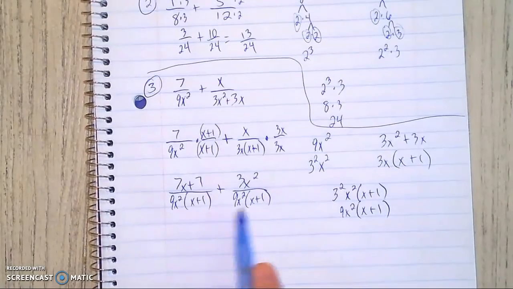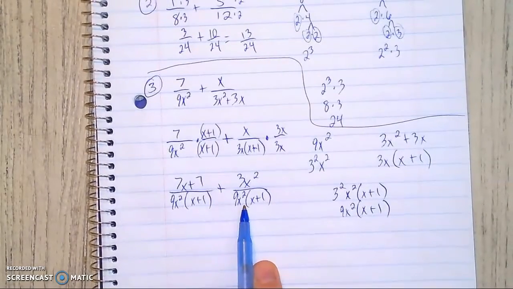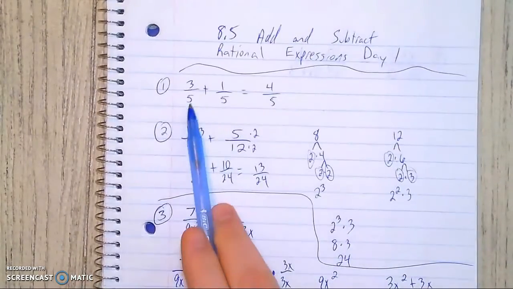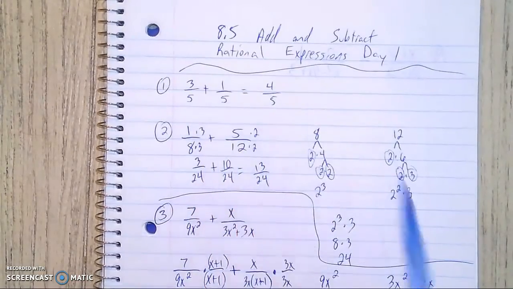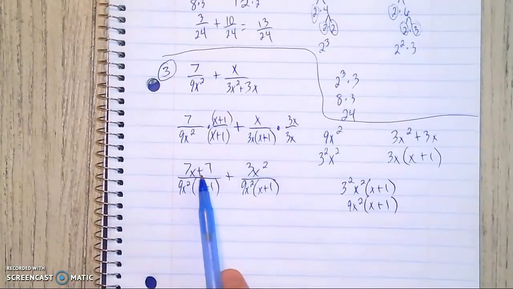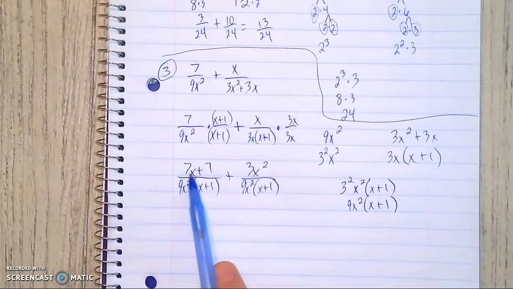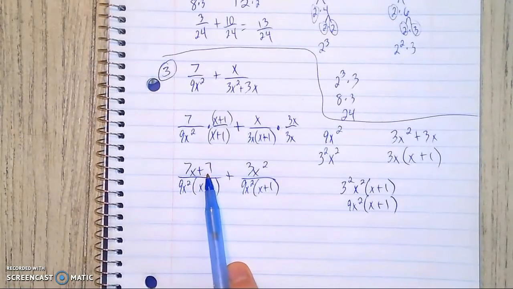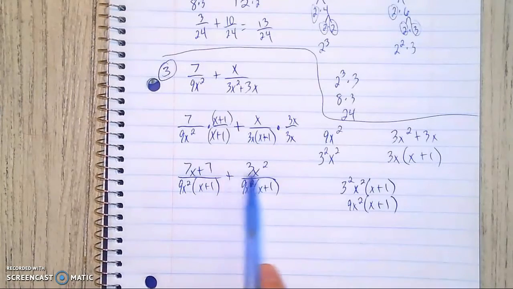And that shows me, of course, the denominators now match each other. So just like before, if the denominators match each other, I can add the numerators. So I look at 7x plus 7 plus 3x squared. None of those are alike. There's an x squared, a regular x, and then a constant. So I'm just going to basically rewrite this. I'm going to write it in descending order of degree.